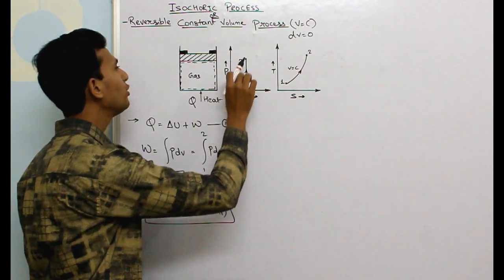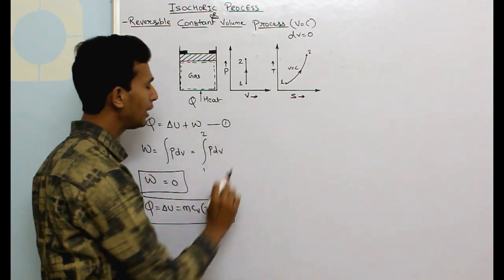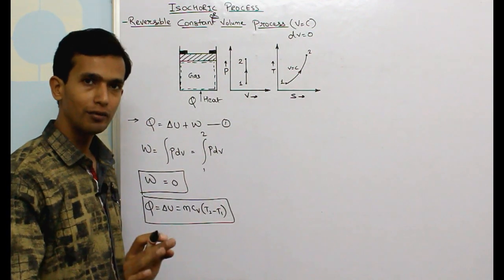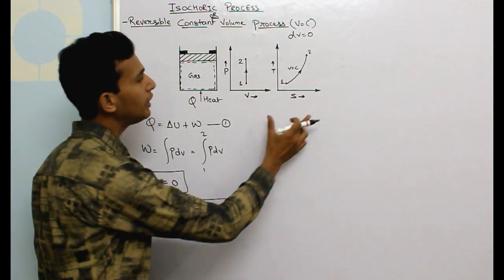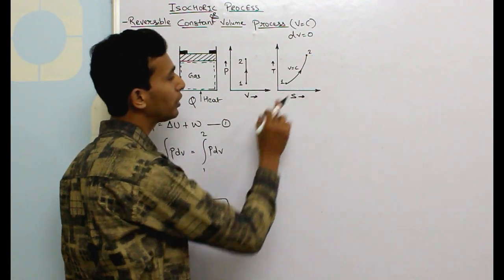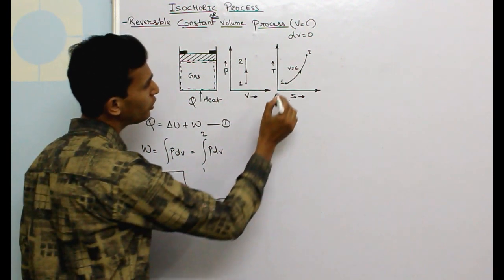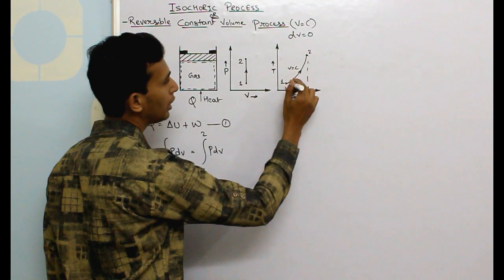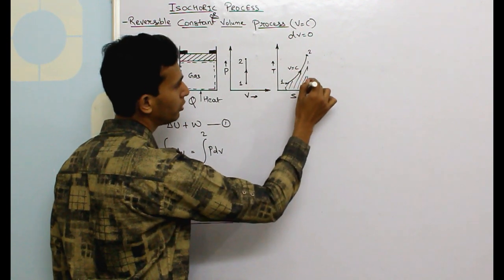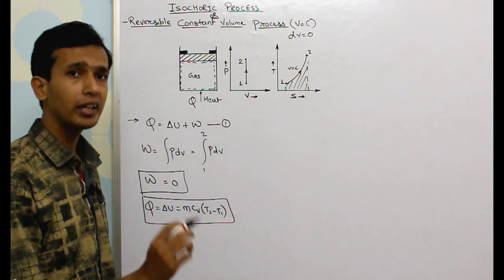So if there is no area available on PV diagram, means work is not available, and that's why the W is equals to 0. Similarly, on a TS diagram, area under the curve represents the amount of heat. As you can see here, if I draw the lines here, I get certain area. This is the area. So this area is nothing but amount of heat.